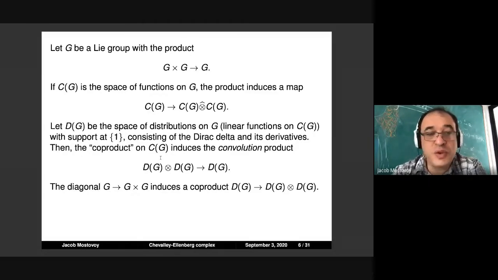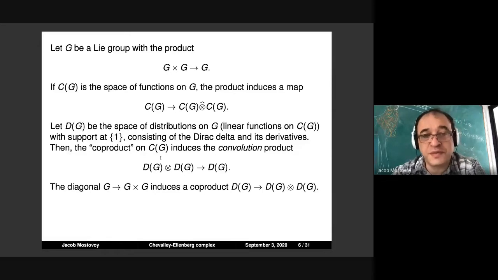Now, here we will be interested in distributions which are supported at the unit of the group. More or less by definition, since we don't want to get into analytic details about the space of functions, we just consider the Dirac delta and its derivatives.